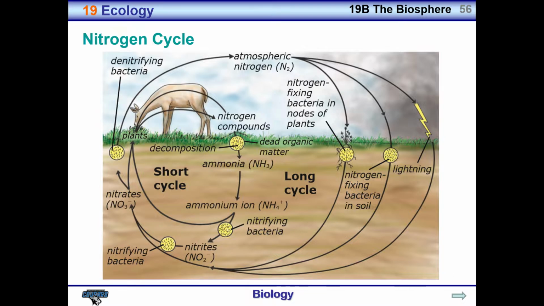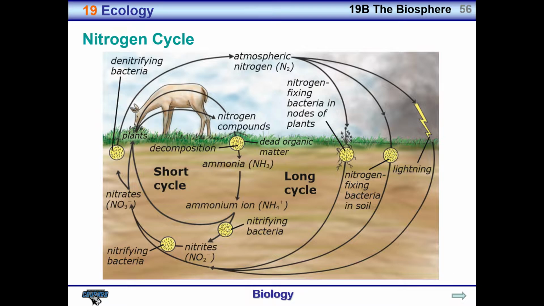And then that in turn is absorbed by plants, and it's converted into ammonium ions, which are later converted, as you can see down toward the bottom. Denitrifying bacteria will convert those into nitrites, and then some other bacteria will convert them into nitrates, and the nitrates are the form that plants can actually use.